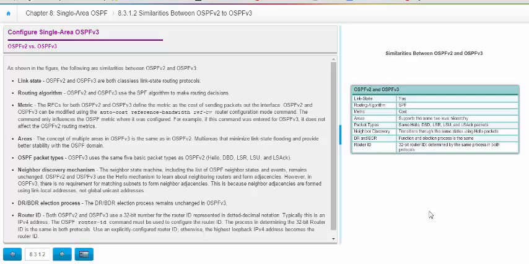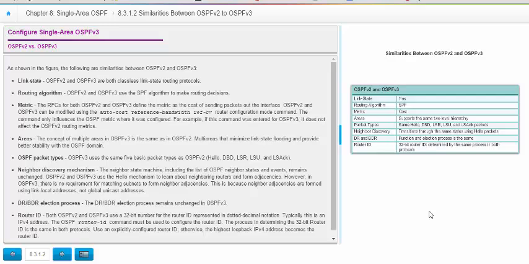2 and 3 use the hello mechanism to learn about their neighboring routers and form adjacencies with them. However, in version 3, there is no requirement for matching subnets. Okay, because remember that's one of the differences between IPv4 and IPv6. The DR and BDR election process remains unchanged in version 3, and then your router ID, both with version 2 and 3, uses a 32-bit number for the router ID represented in dotted decimal notation.